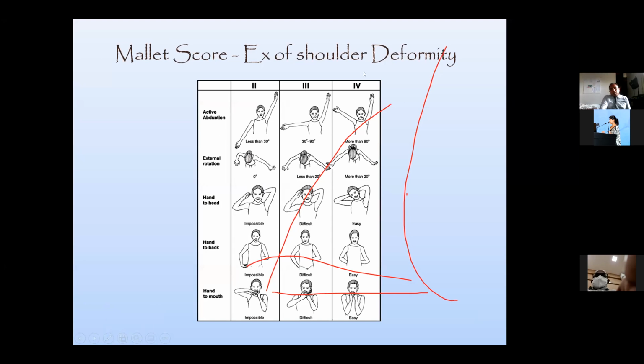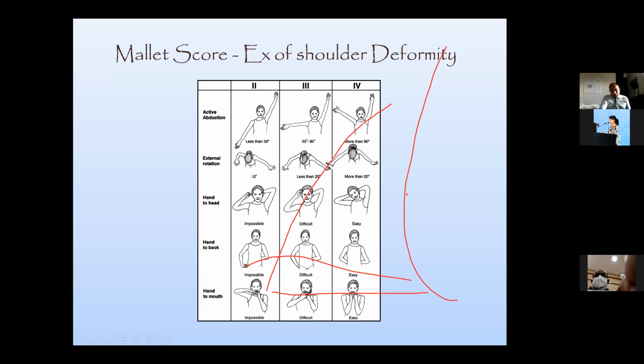So between 2 and 4 are the exact examination findings we have to mark. So in active abduction, less than 30 degrees is 2, and 30 to 90 is 3, and more than 90 is 4.